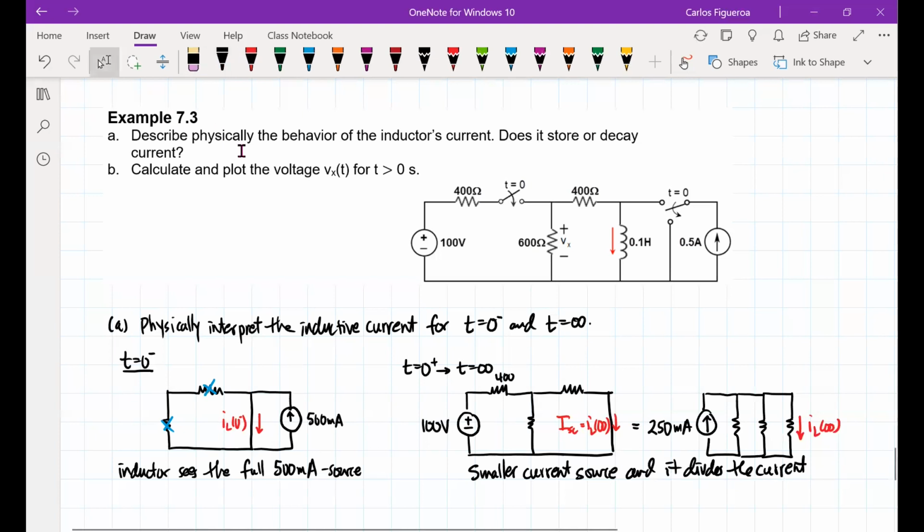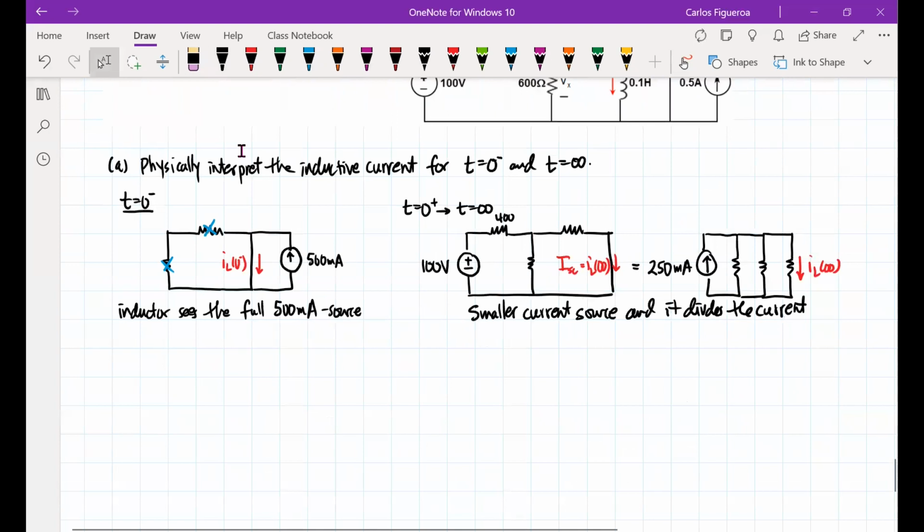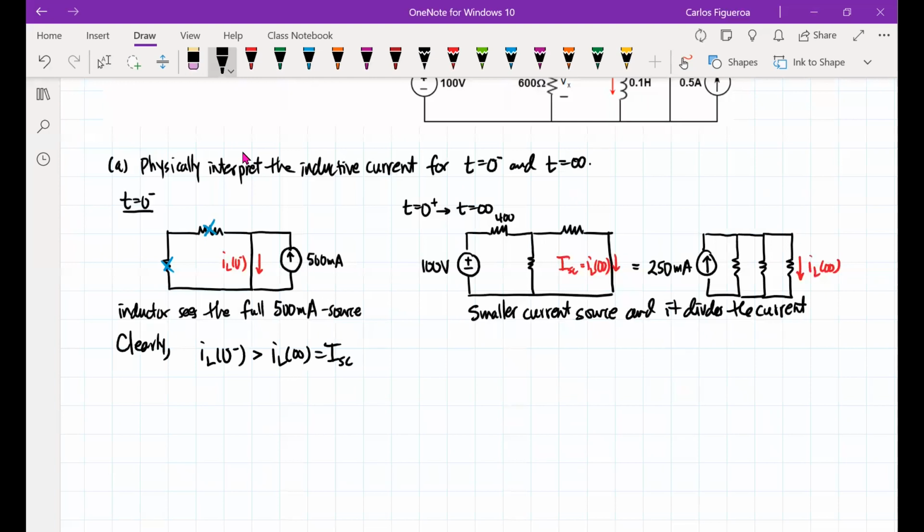So it only sees part of the 250 milliamp. Clearly the initial inductor current has to be greater than the current at infinity, which is I short circuit. Therefore, we have a decaying current through the inductor. Mathematically, we're going to have to check that.